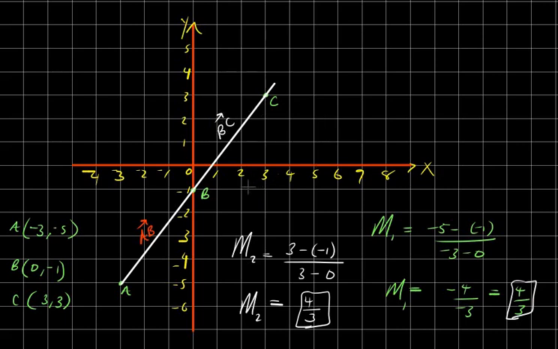Vector AB and vector BC are collinear vectors because they are all lying on the same straight line.